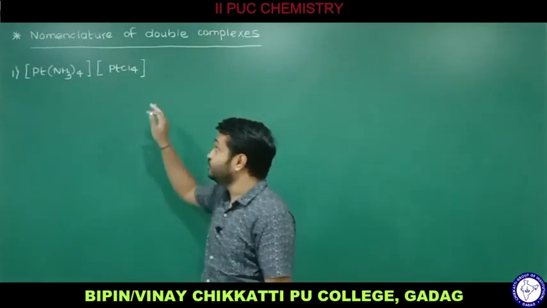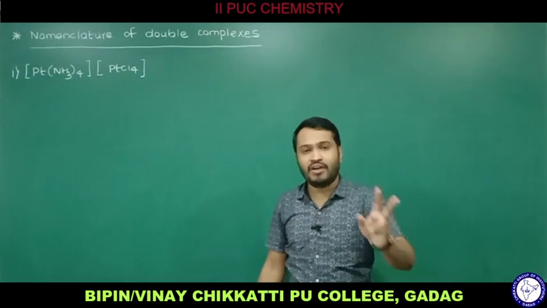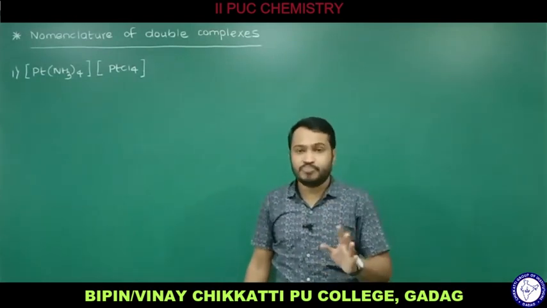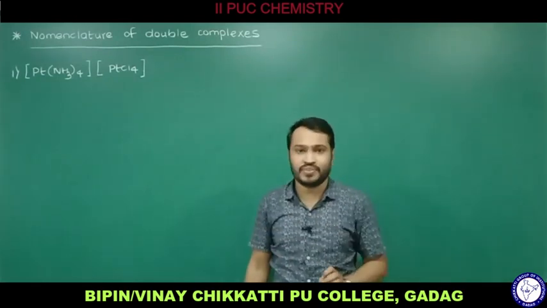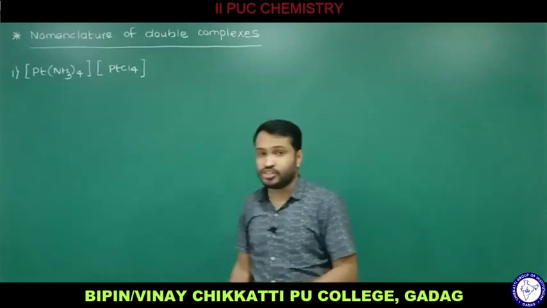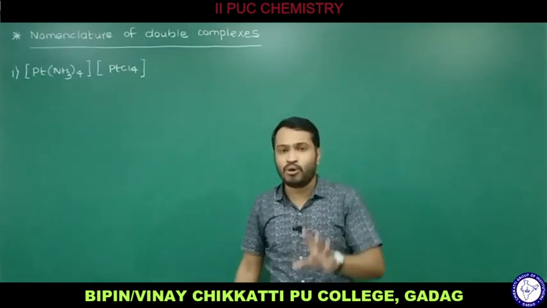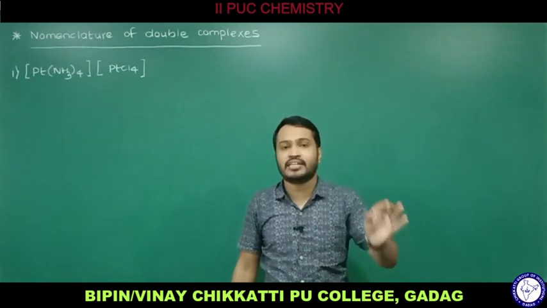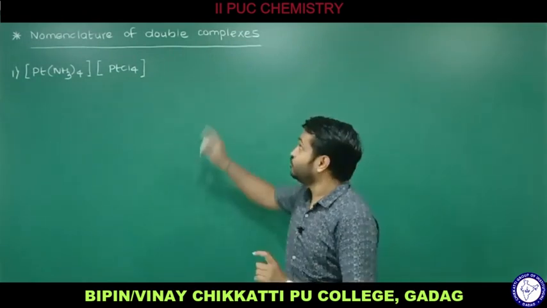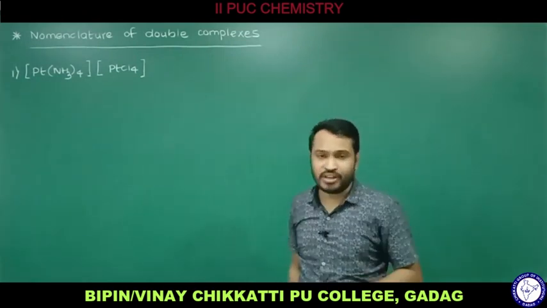Whereas if you observe this particular compound, we have two coordination spheres, meaning two complexes, and such coordination compounds which have two complexes we call double complexes. So nomenclature of double complexes we'll see now.